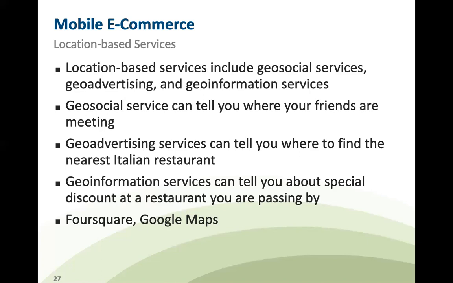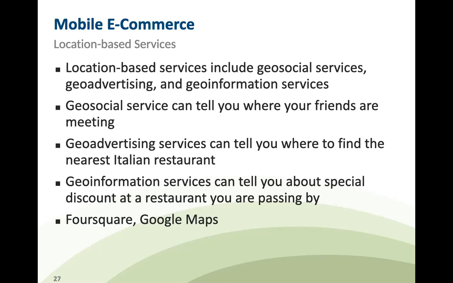Geosocial services can tell you where your friends are meeting, right? Not only online but also other events, the location can be provided so that you can see, especially in social media, whether your friends are attending them and where those things are happening.